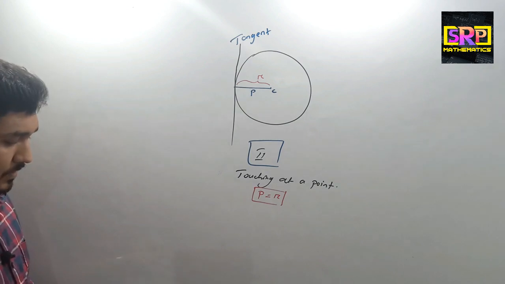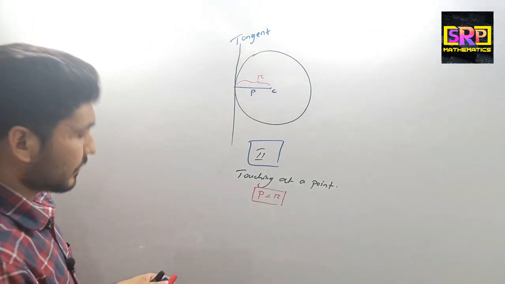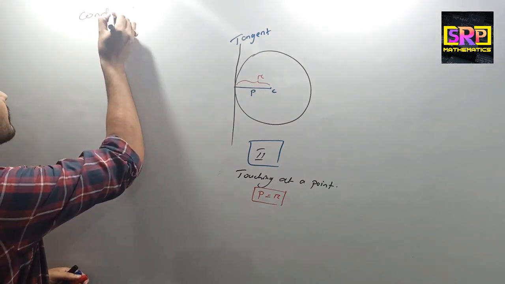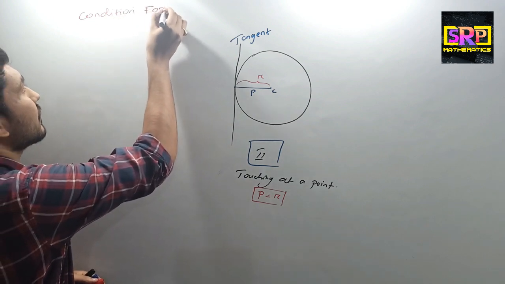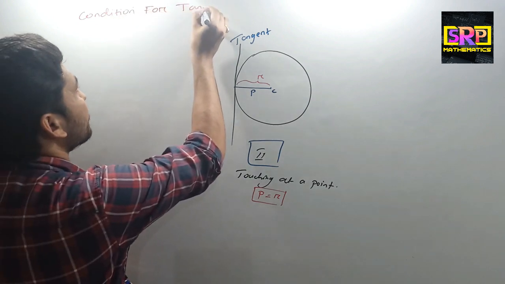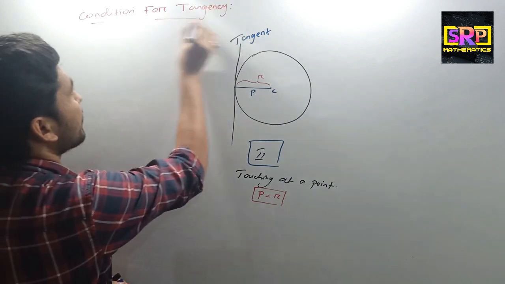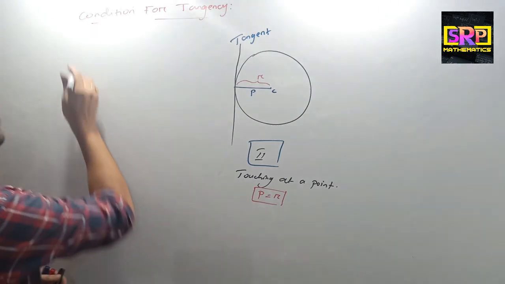See here, in case 2, we are talking about a tangent. So put a heading here: Condition for tangency.